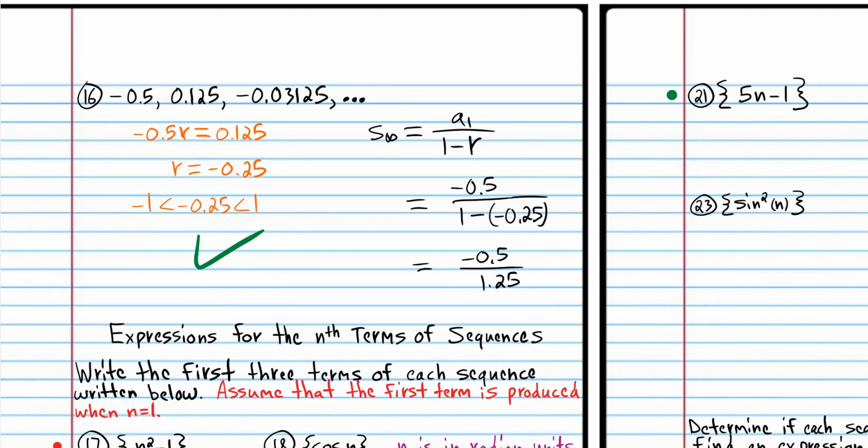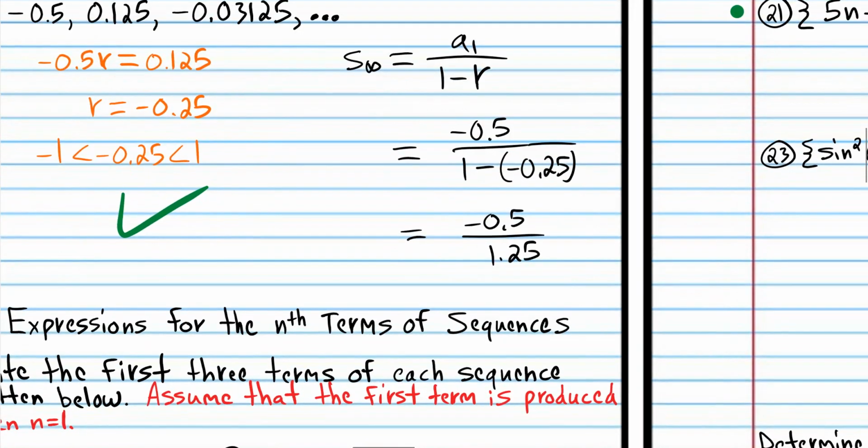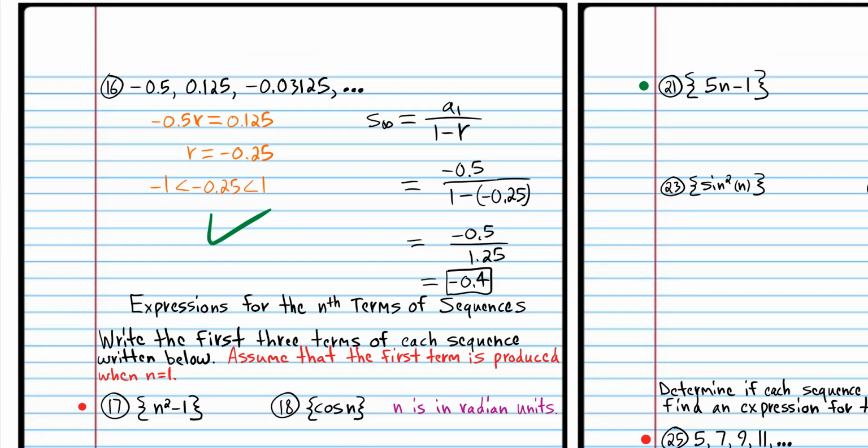And if we do the math on that, we get 0.4. So the infinite sum is 0.4, well, technically -0.4. So there you go. If you got that right, excellent.